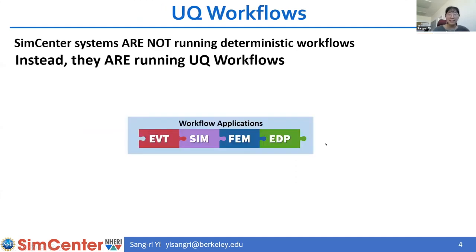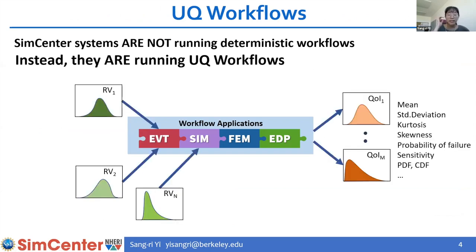One thing to point out here is that we are not aiming for a deterministic workflow. Instead, we are running UQ workflows. That means for some of these parameters in the models, we can set them as random variables, and therefore our output will also be some kind of random quantity that can be characterized by mean or standard deviations.